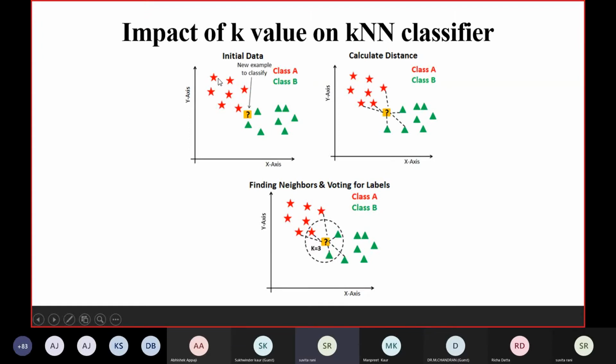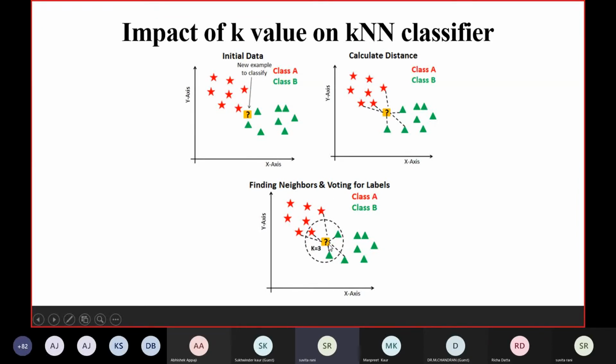Then we train the model on those sets, and after that unknown data arises, and we have to classify which class it belongs to, class A or class B. So we decide the value of k. If k is 3, then from the unknown value we find the nearest neighbors. That is why its name is KNN, k nearest neighbor.